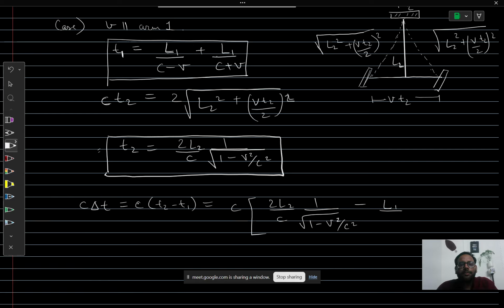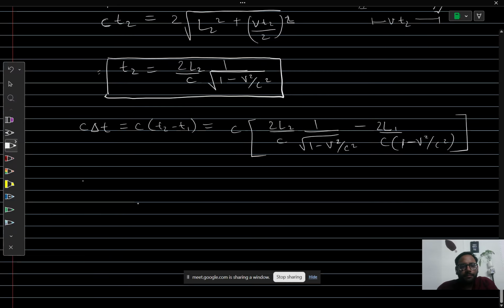And I can also write this whole t1 as 2L1 by c by 1 minus v squared by c squared. You can see that. You can write this.